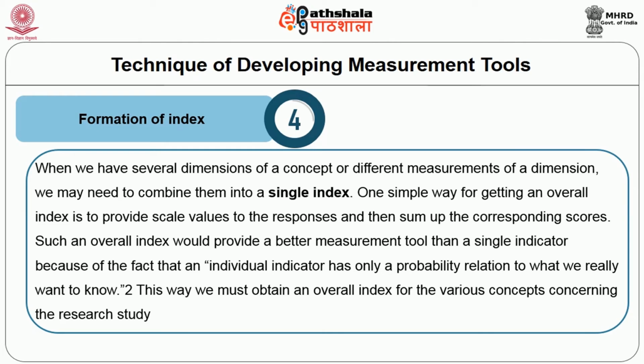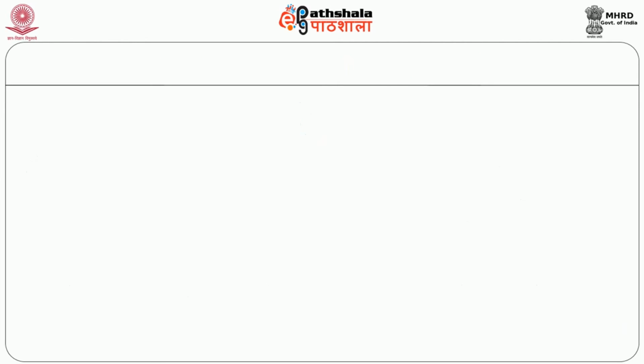Such an overall index would provide a better measurement tool than a single indicator, because an individual indicator has only a probability relation to what we really want to know. This way, we must obtain an overall index for the various concepts concerning the research study.